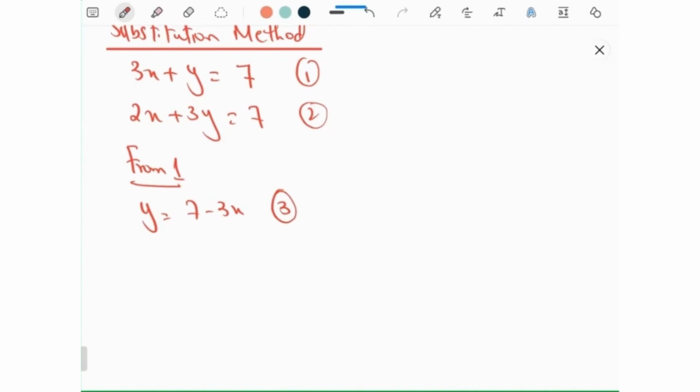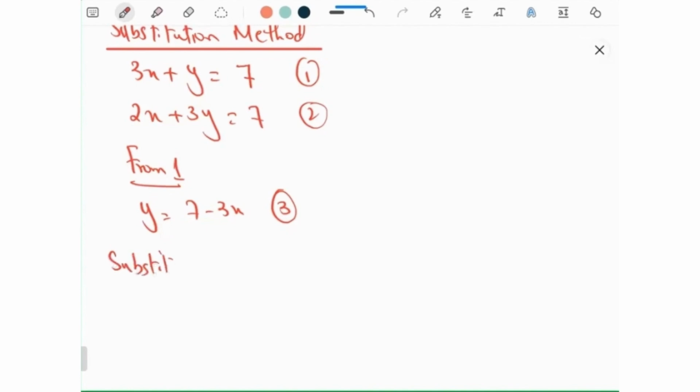Step number 2, if the third equation is made from the first equation, साथ साथ नहीं करेंगे, समझेंगे. If the third equation is made from the first equation, I will substitute it in the second equation.